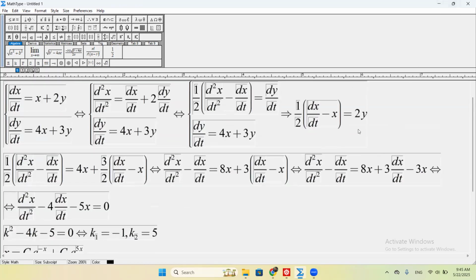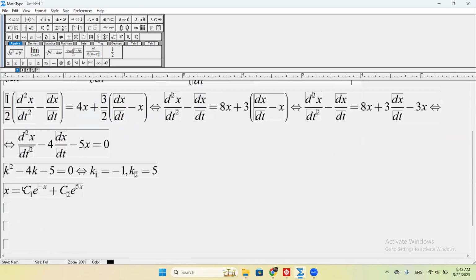Now finding y. So y will be found from this equation. Let's first of all differentiate x. x' equals minus c1 e to the power of minus t plus 5c2 e to the power of 5t.